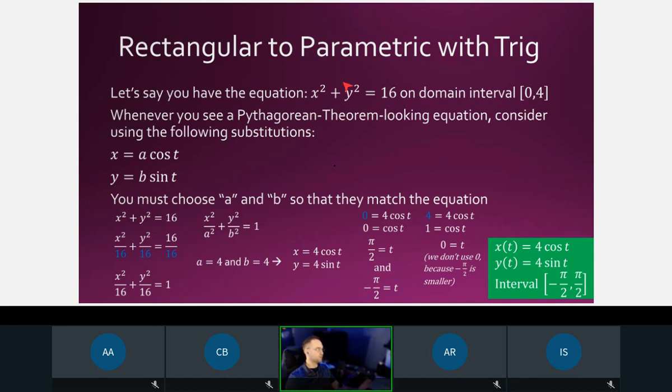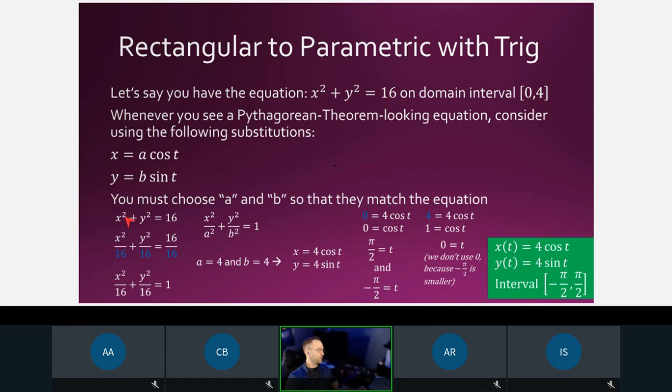So this slide pertains to rectangular equations that are for circles only. When you have x squared plus y squared equals r squared, where your radius is going to be 4, you want to use these two equations.